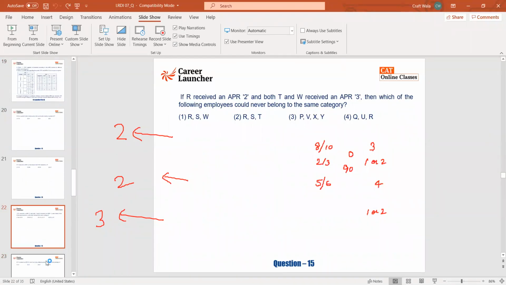Next one. If R receives APR 2 and both T and W APR 3, then which of the following will never belong to the same category? So R will get a 2 and T and W both get a 3 each.